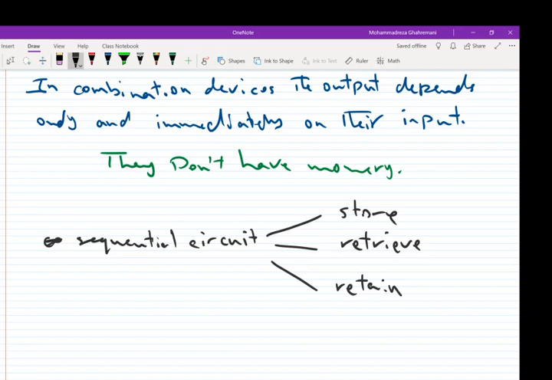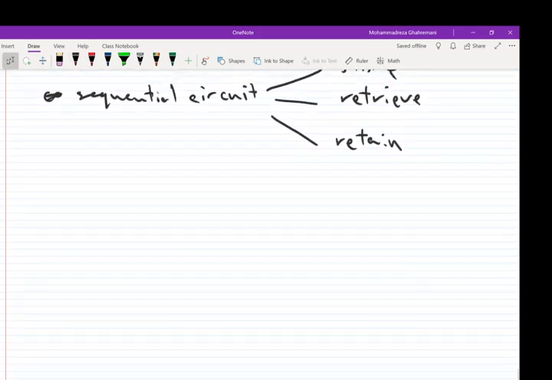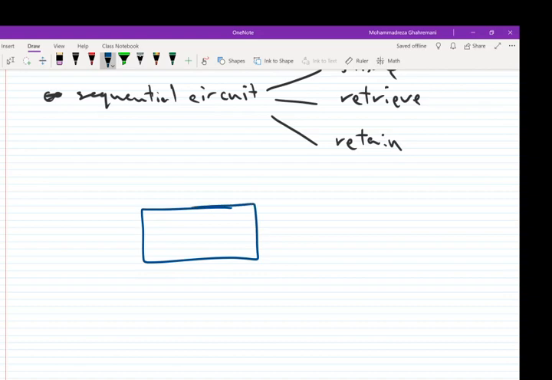So let's see how is a block diagram of a general sequential circuit. A block diagram of a sequential circuit is like this. We have a combinational circuit, as a part of sequential circuit.